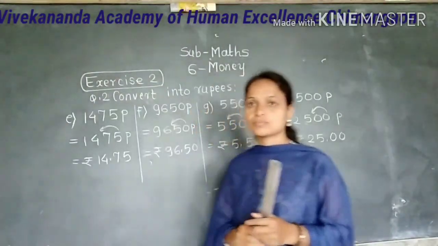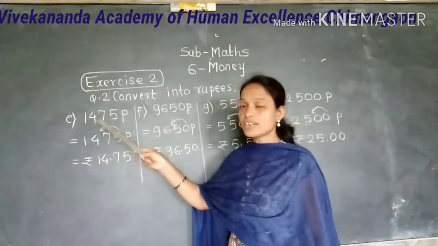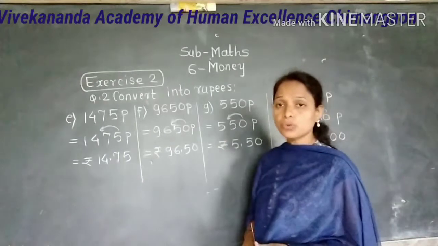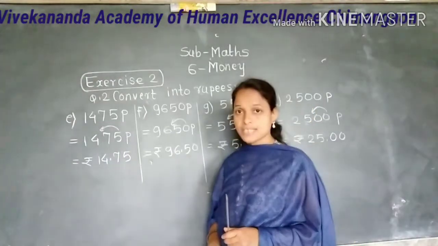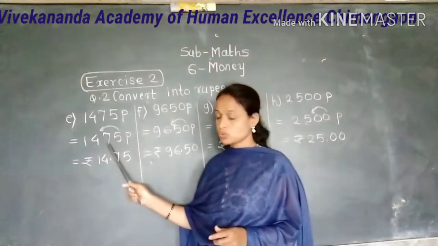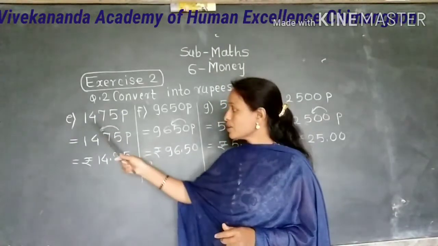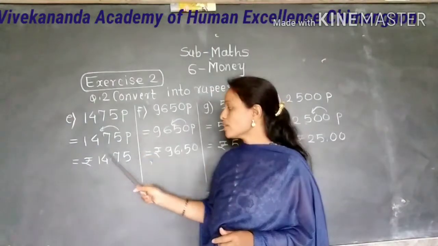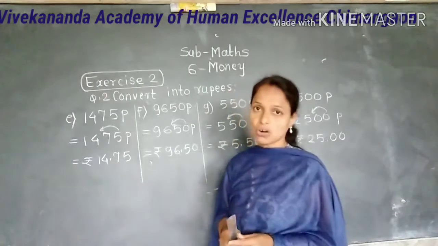Okay. Next question, 1475 paise. So here also put the dot two places from the right. So here 1, 2. So here we put the dot. We convert 1475 paise into 14 rupees 75 paise by putting the dot.